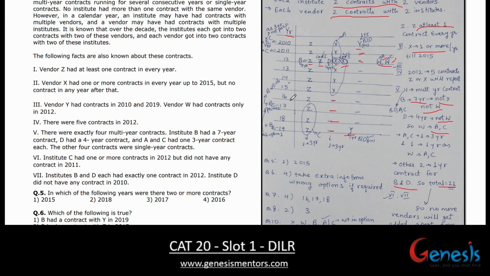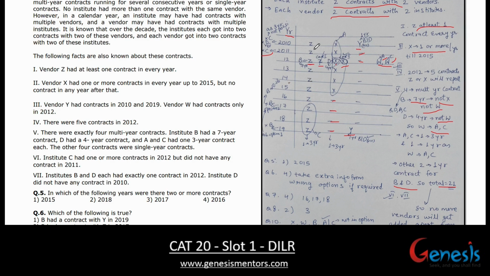So C is there in 2012, but in 2011 C is not there. Okay. The 7th condition: Institutes B and D each had exactly 1 contract in 2012, right? So Institutes B and D each have exactly one contract in 2012. B and D exactly 1 contract in 2012. So B's this Z is sure.